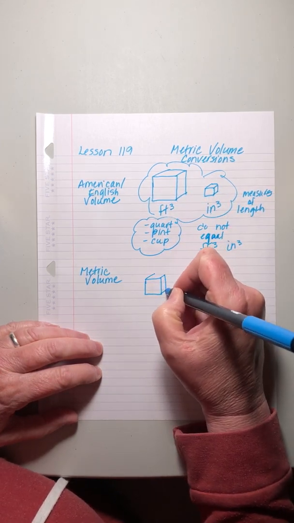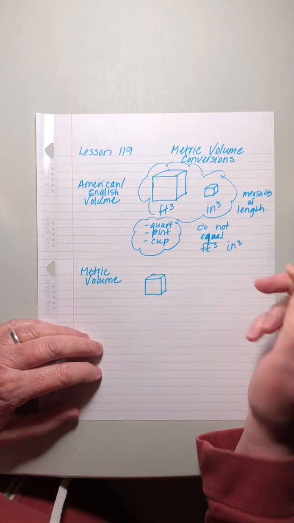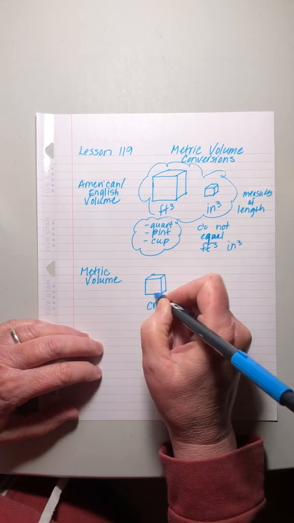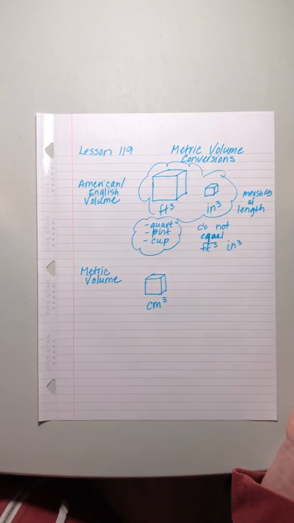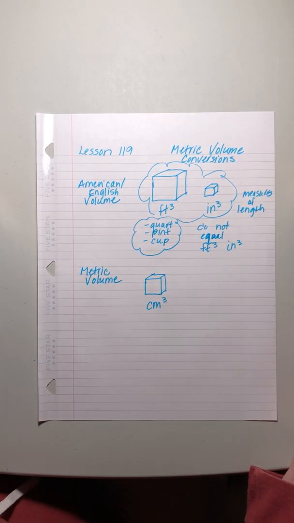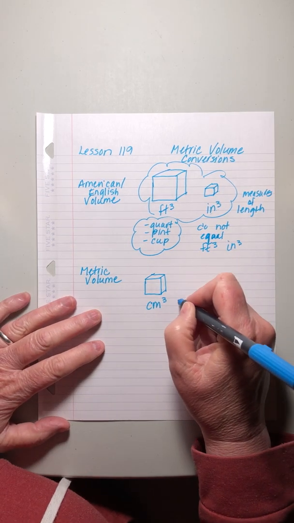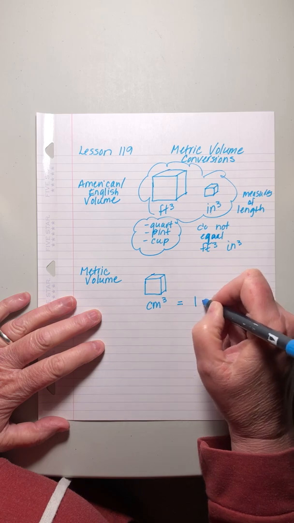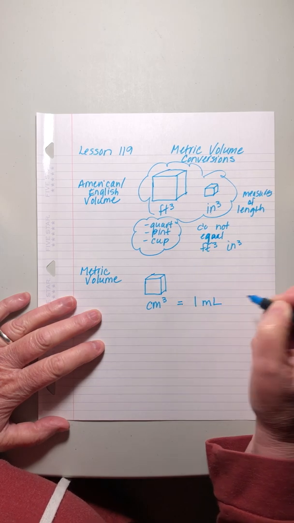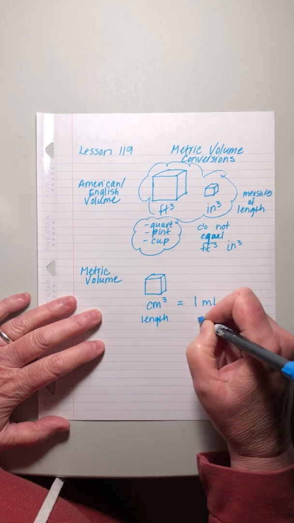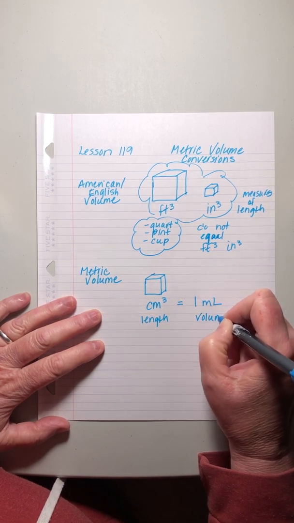I'm not drawing to scale perfectly, but I'm trying to be reasonable. This is a cubic centimeter, right? It's a centimeter times a centimeter times a centimeter. It looks a little short. Pretend with me. This equals, oh my gosh, it's so cool, you guys. This equals 1 milliliter, which is, this is a unit of length, and this is a unit of volume.